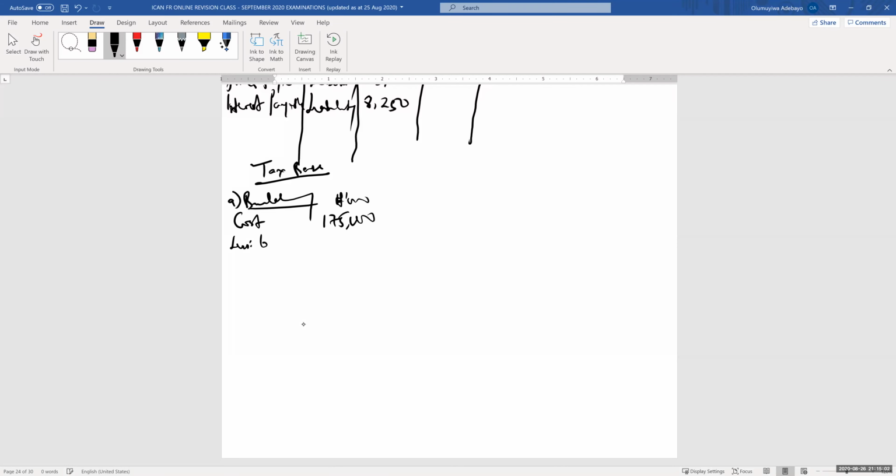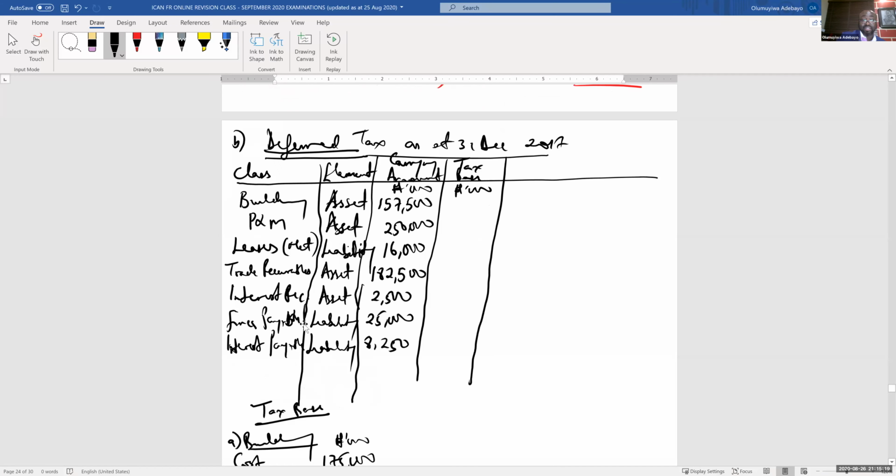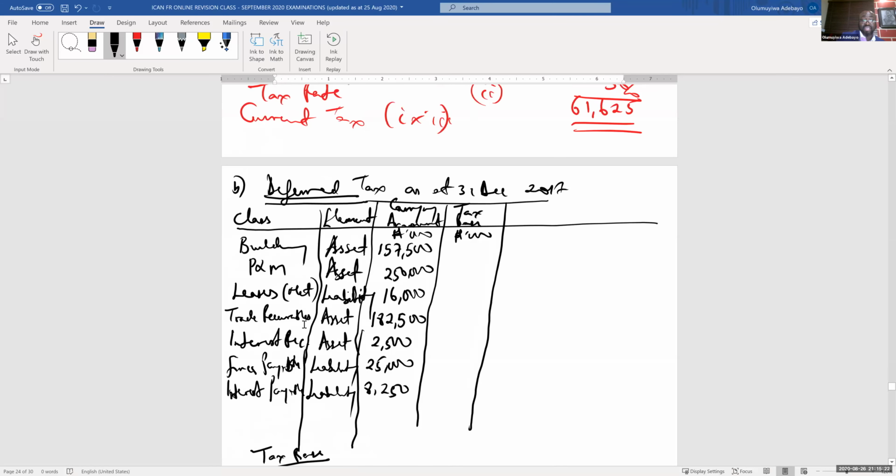What was the capital allowance of the building? It was 105. Can you see it here?